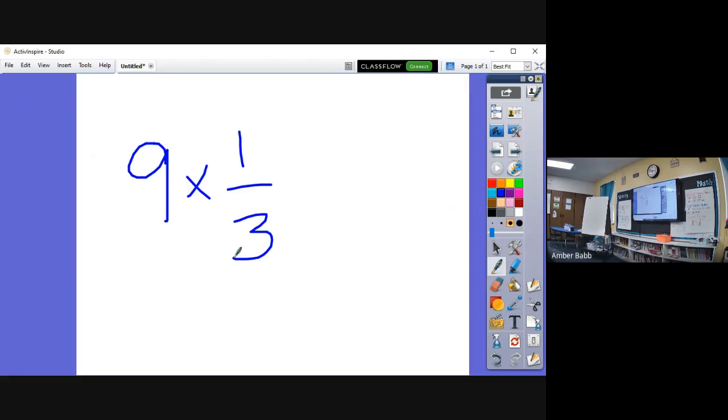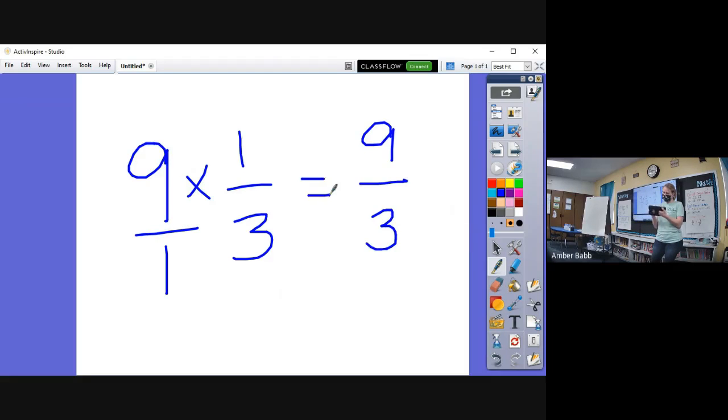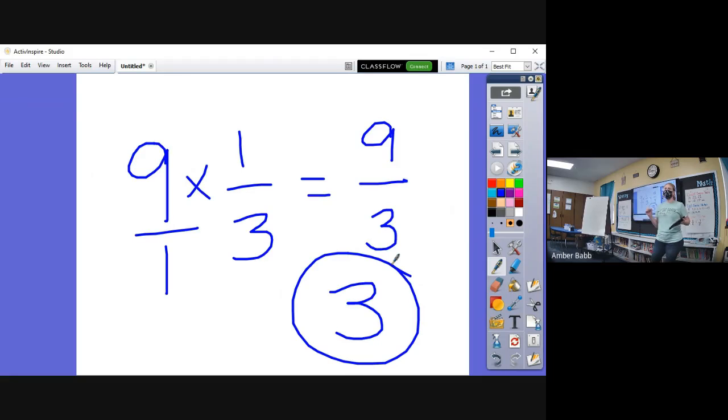Oh, I know. 3 wholes. I messed up. 3 wholes. All right. Because I end up with 9 over 3, which is 3 whole things. How many times does 3 go into 9? 3 times. Done. Nothing left over.